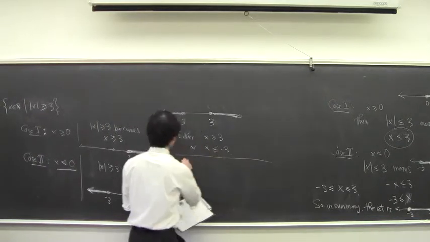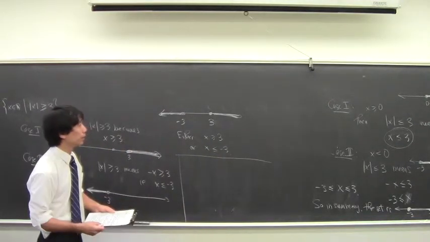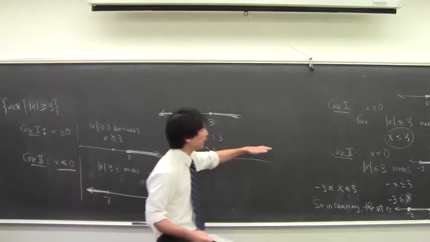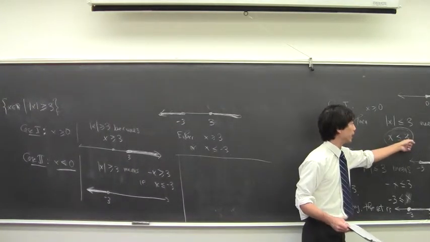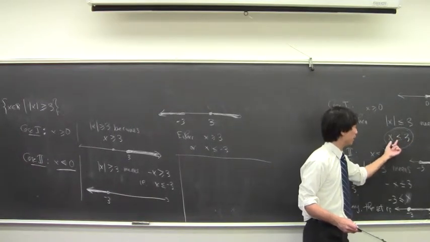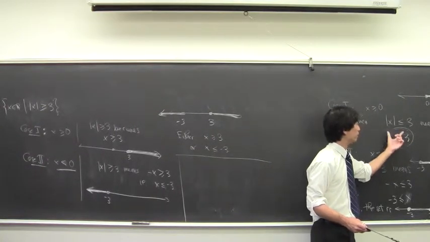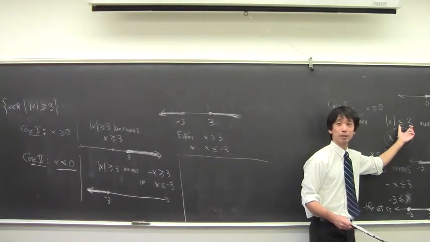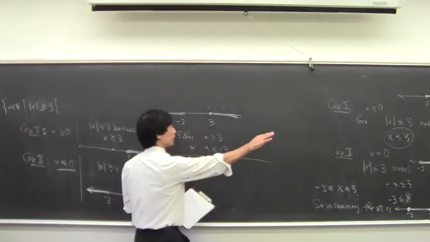Okay. So one thing that we're noticing is that suppose we did this with any other positive number a. If we use some other positive number a, then what this means is that you're between negative a and a.